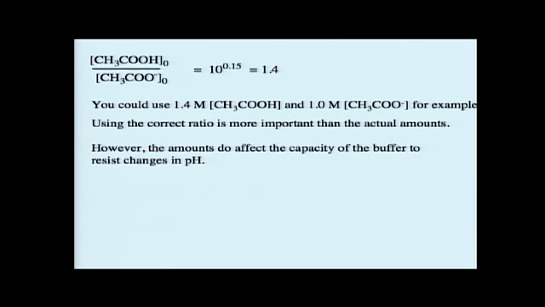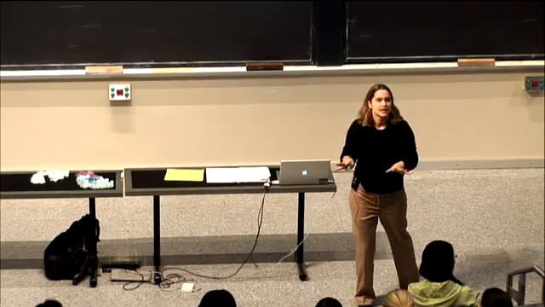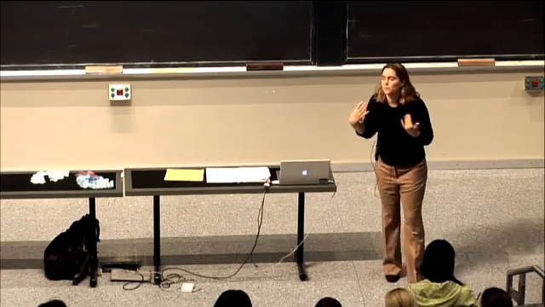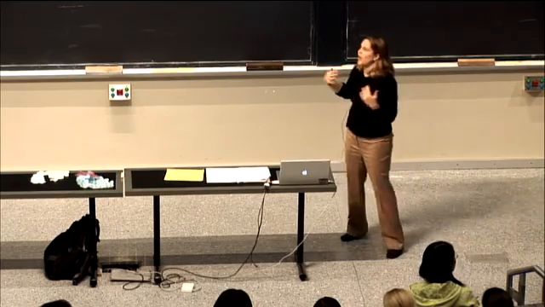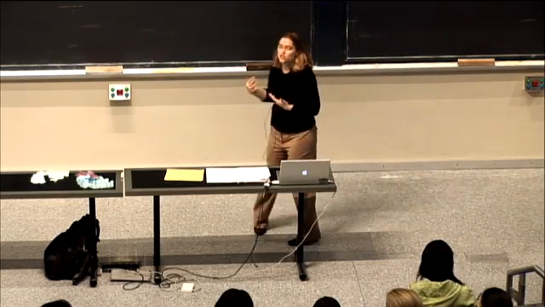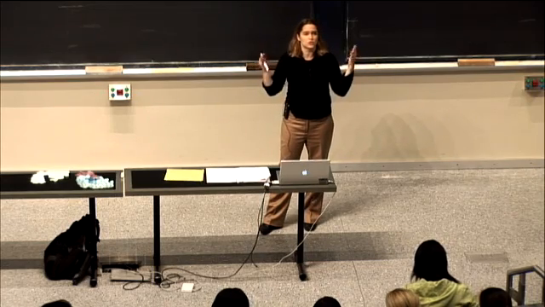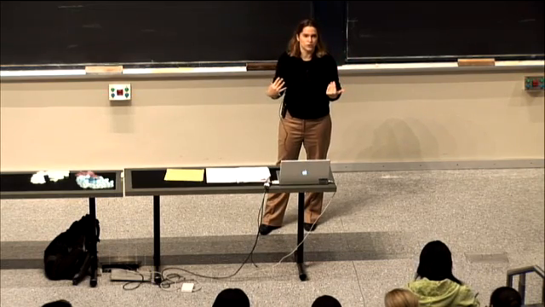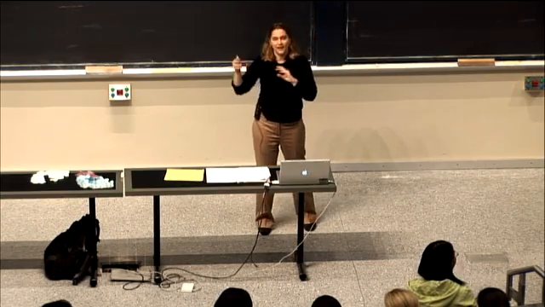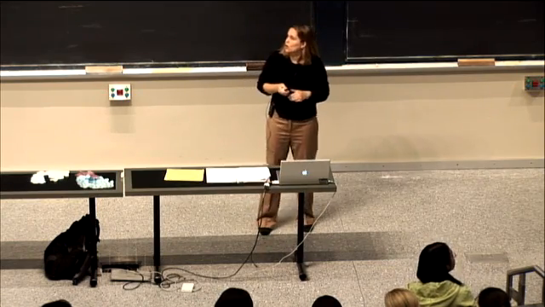So if you use too low concentrations of both, it won't be all that resistant. So if you need to have a better buffering capacity, you should use higher concentrations. And you can use Henderson-Hasselbalch then to calculate the minimum amount you use to have that 5% rule work.